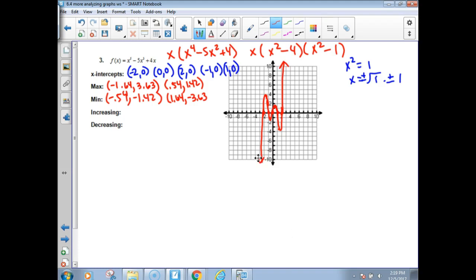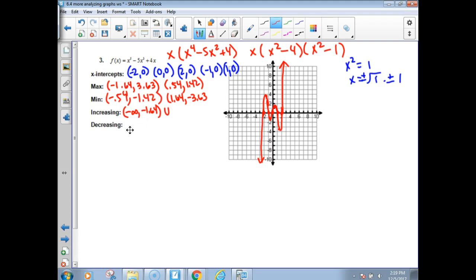Okay, increasing, decreasing. From negative infinity to the first x value of the max. Negative infinity up to negative 1.64. That's the first increasing interval. Another one.